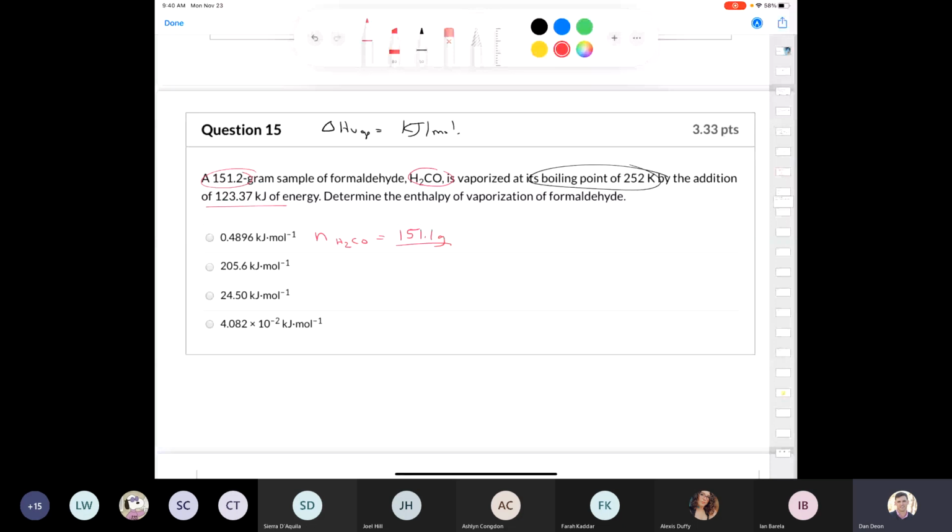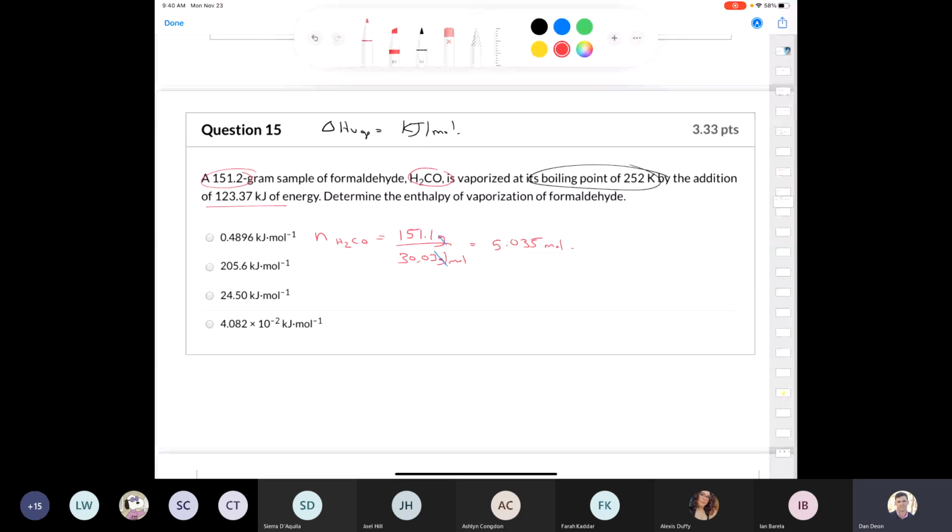I've gone ahead and calculated it. It's 30.03 grams per mole. You see that grams cancel. I'm left over with moles, and I end up with 5.035 moles of formaldehyde, 4 sig figs.